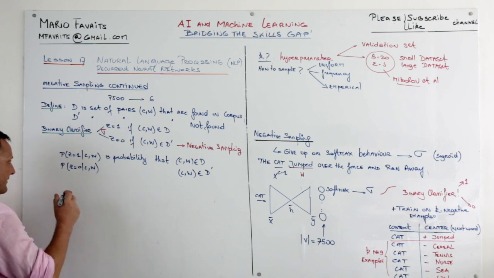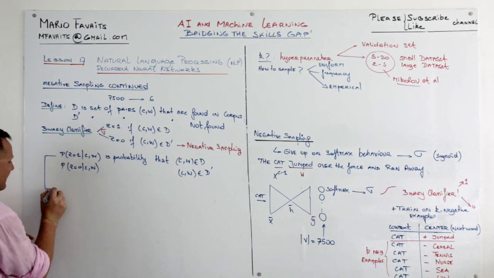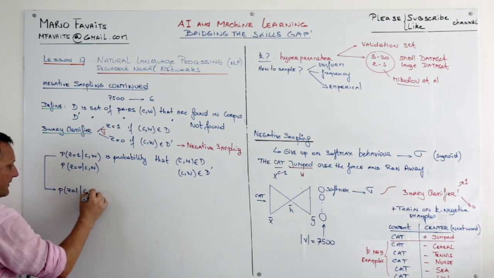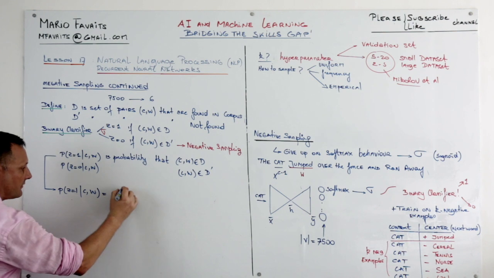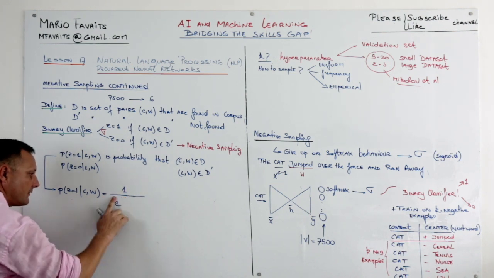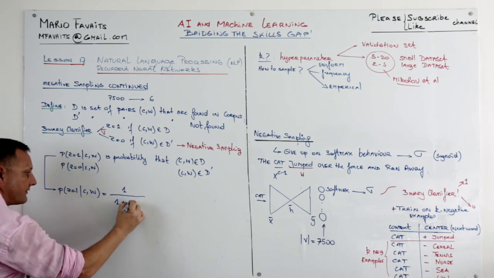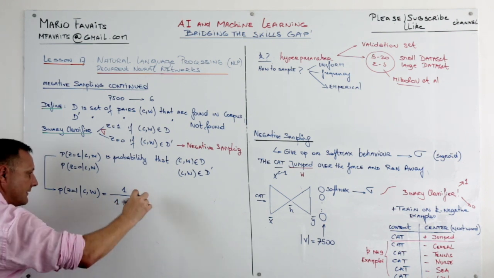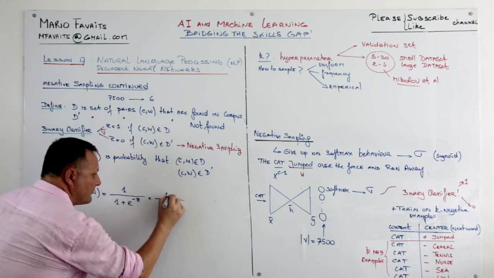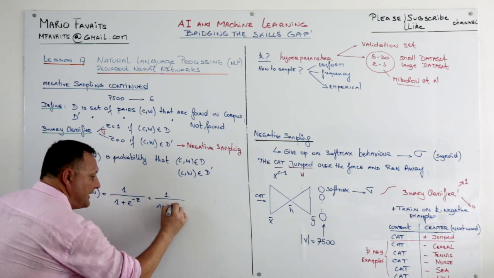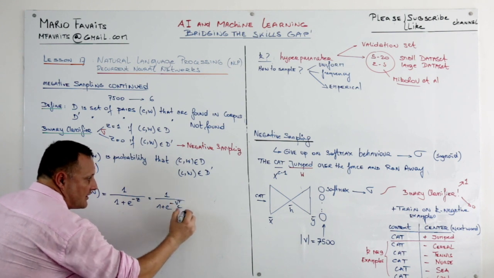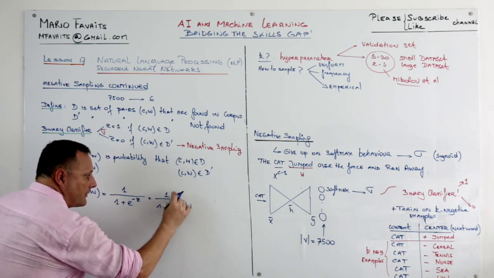Now, the sigmoid function in this case, so P(z=1 | c, w) equals 1 divided by 1 plus e to the minus z, and in our case is 1 divided by 1 plus e to the minus vc transpose vw.